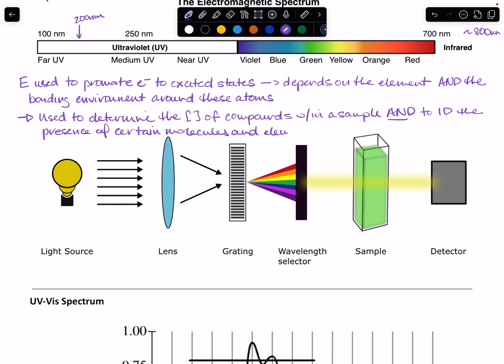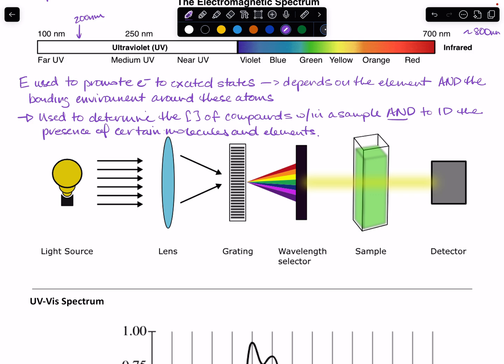Now, as part of my grad school work, I worked with proteins that contain an iron group and a heme group. And that iron had a very specific electron transition that was very easy to spot with UV-Vis. So we used UV-Vis spectroscopy a lot to determine whether that iron was present within our sample, and then to determine the concentration of that particular component.